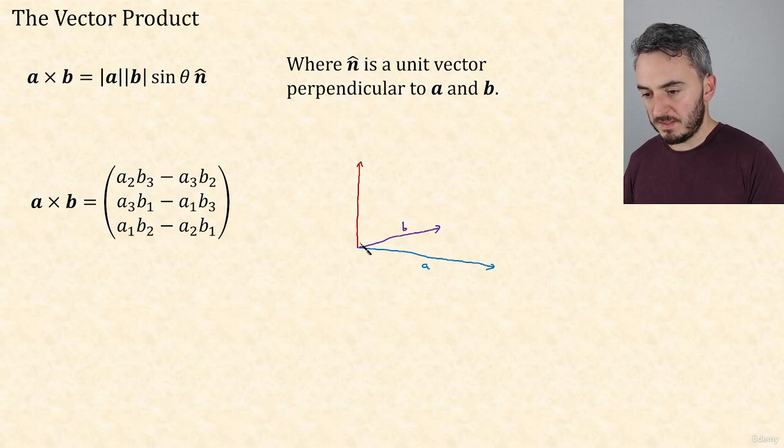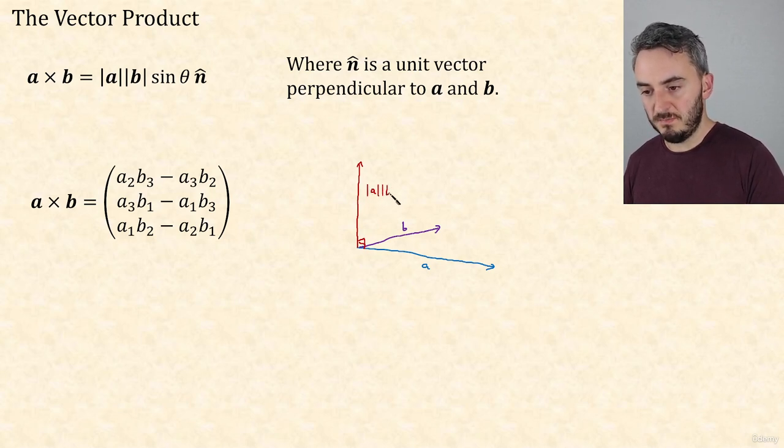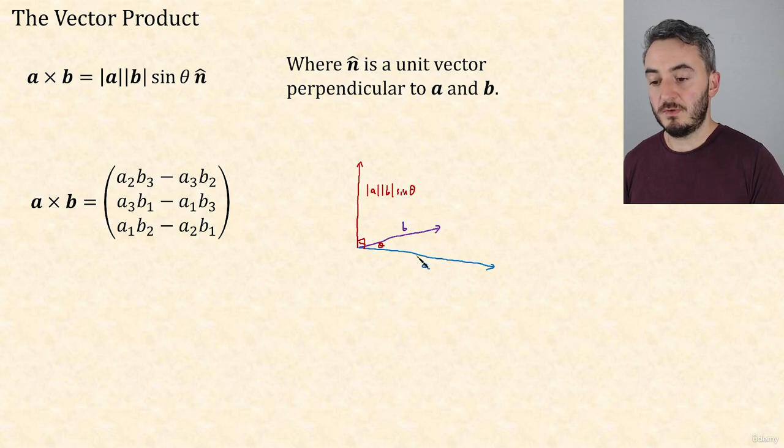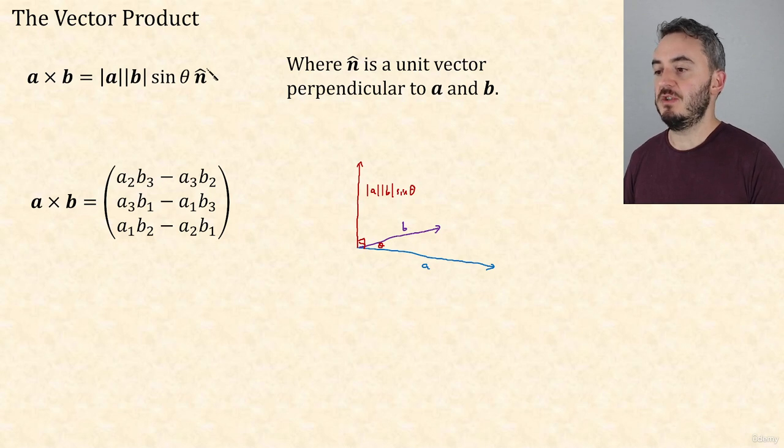It means that it makes a right angle with A and a right angle with B. So it is perpendicular to both of those. And the length of this vector here is the modulus of A multiplied by the modulus of B multiplied by sine of theta, where theta is the angle between A and B measured anti-clockwise from A to B. So that's the modulus of it, and then the direction is this n hat.